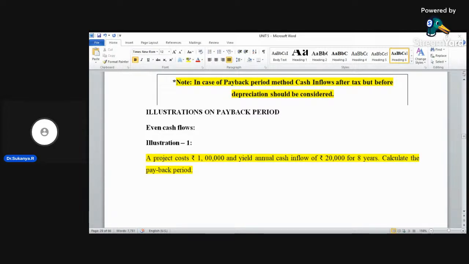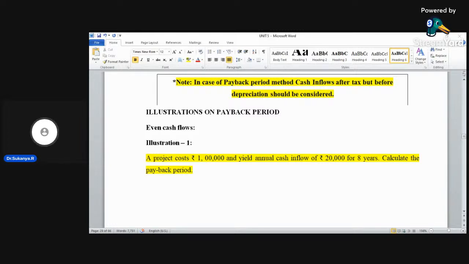Now let us work out the problems based on payback period. Dear students, I told you in the morning class itself that payback period is nothing but the time that is required for us to get back the original investment that we have invested in a particular asset or project.